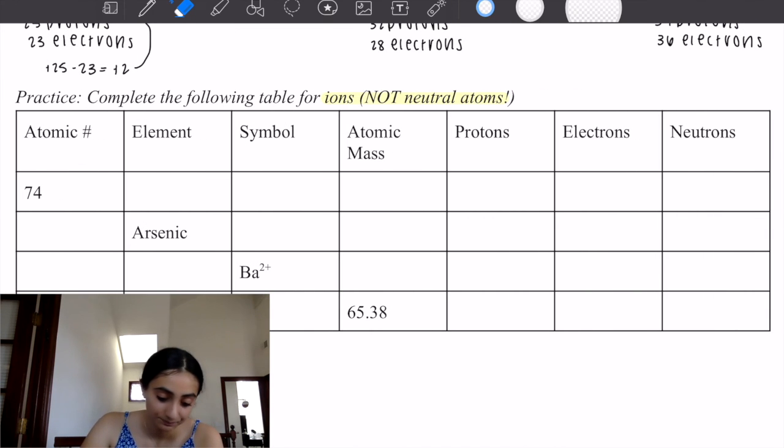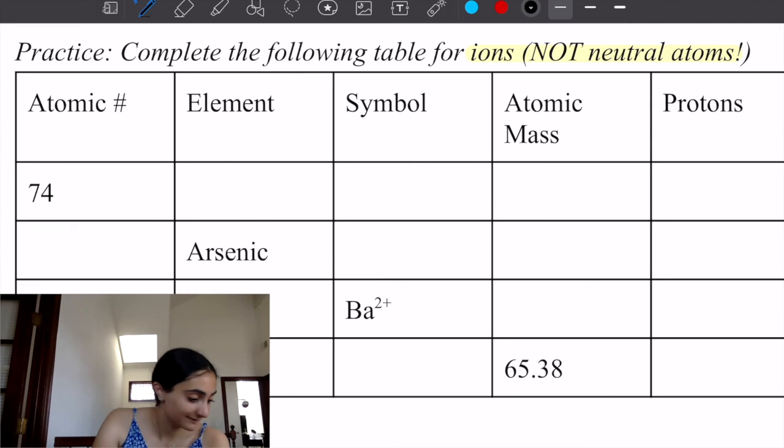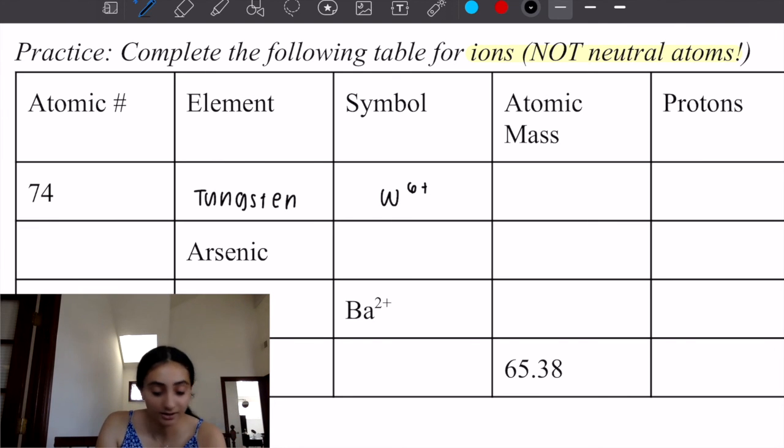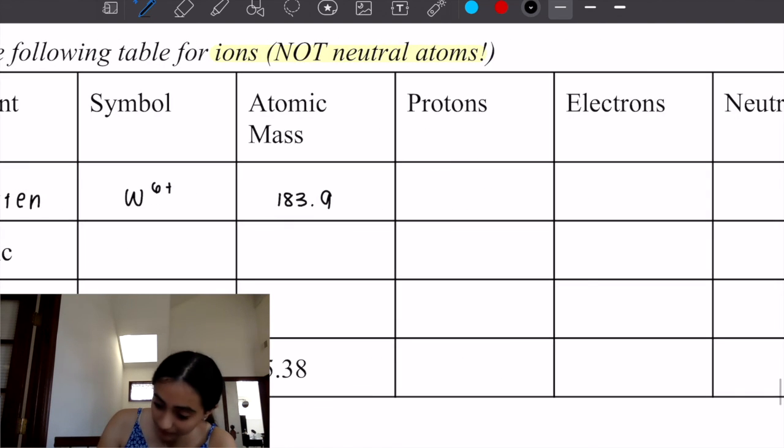already know quickly. So first we have element number 74. That is tungsten with a symbol of W 6 plus because it's an ion. The atomic mass is 183.9.